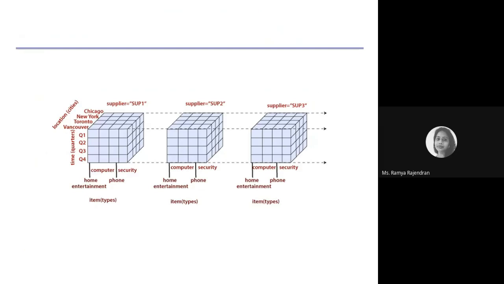This is one dimension, whereas here I have locations: Chicago, New York, Toronto, Vancouver, and here I have supplier information. So these are people who have supplied raw materials to manufacture the product for each of the cities. Only one supplier for each of the cities.